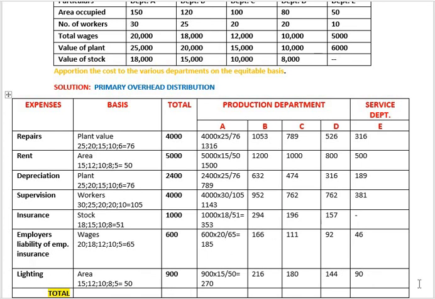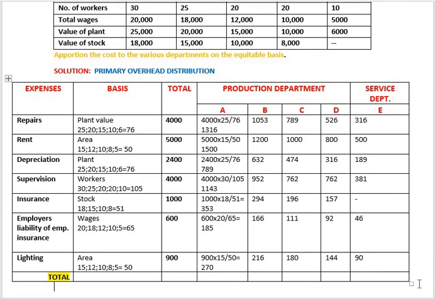So almost we are done with the problem. Now let us do the total of each column. First do the total of the total column. This we are going to get 17,900.